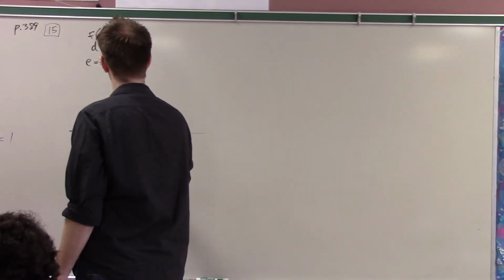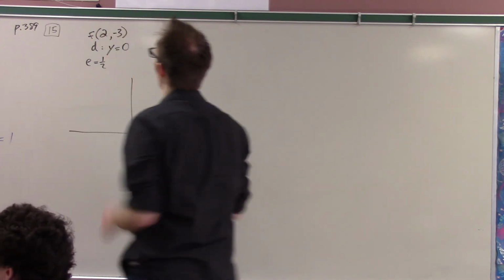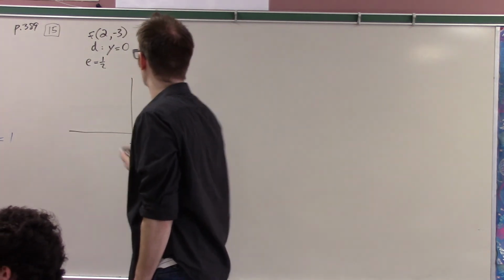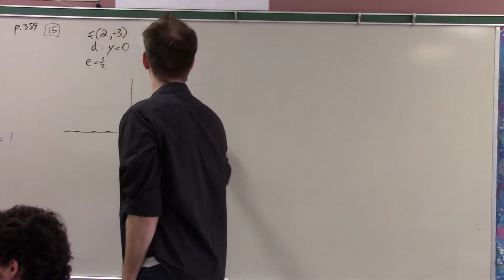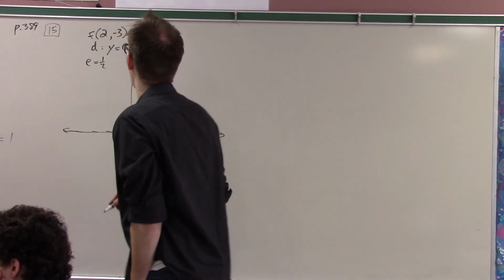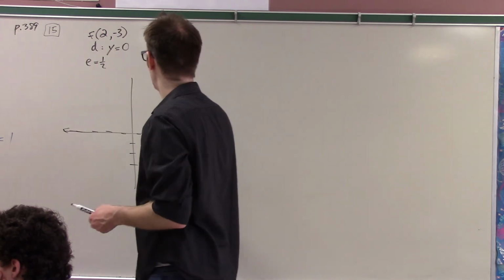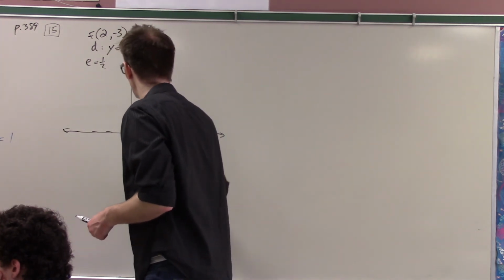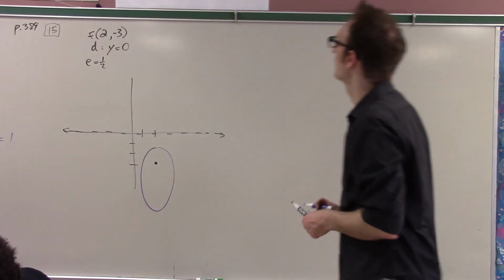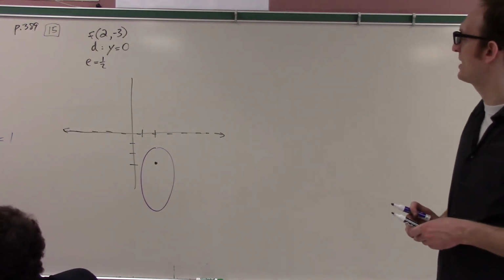So we draw it. What does it look like? The focus is (2, -3), and the directrix is y equals 0. And eccentricity is 1/2, so I know it's going to be an ellipse. I'm first going to make a kind of crappy picture of an ellipse with directrix y equals 0 and focus (2, -3).